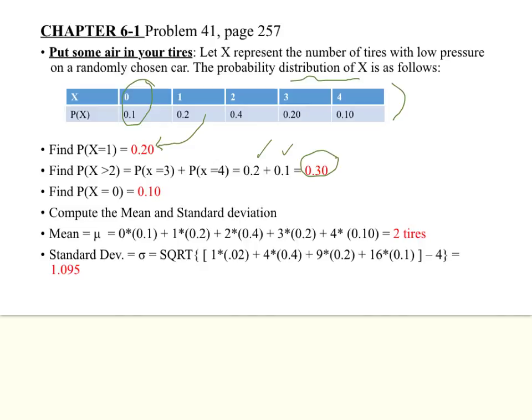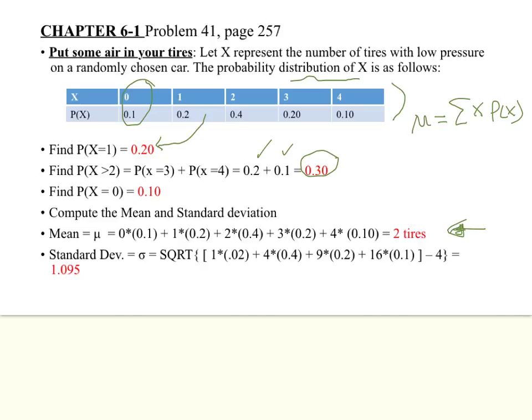So mu is equal to the summation of x times p of x, right? This is how we calculated the mean, and we get 2 tires when we calculate it.